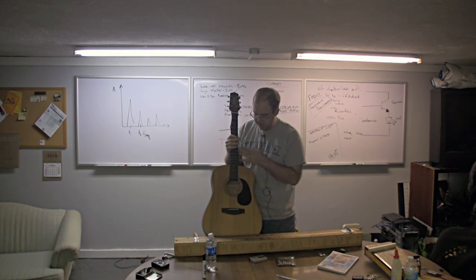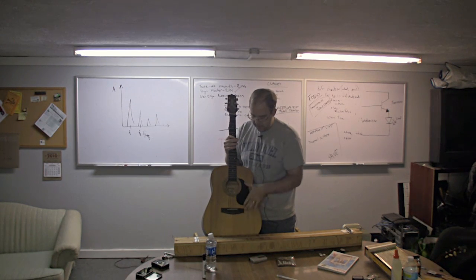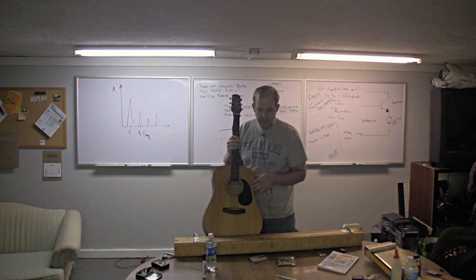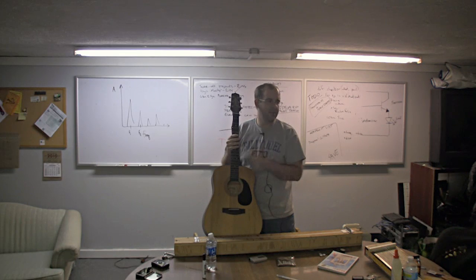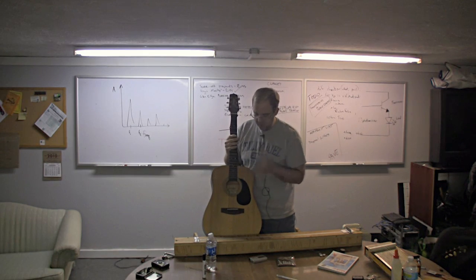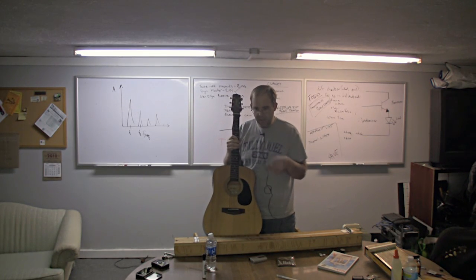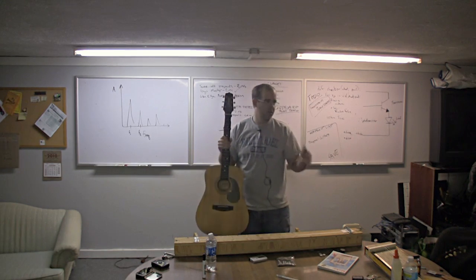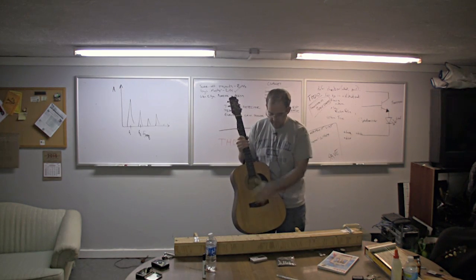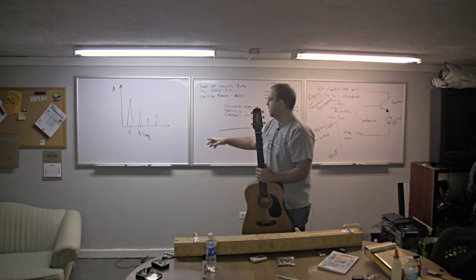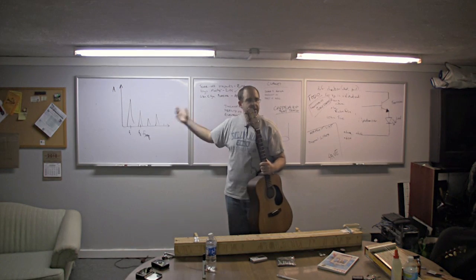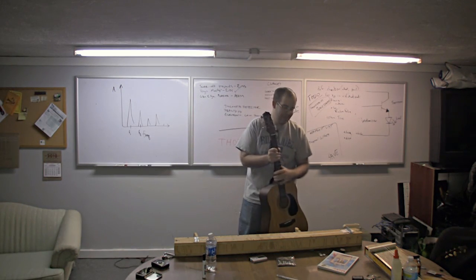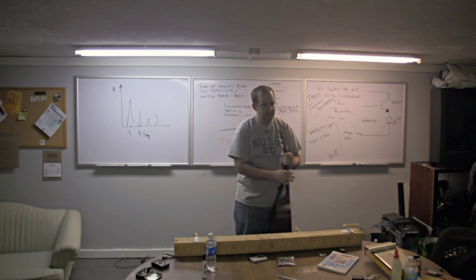Even though we are causing the string to resonate, we're causing the soundboard to vibrate at the frequencies that the string dictates. But of course, the resonant frequencies of the rest of the instrument act as a filter on top of the vibration of the strings, so they can also go into shape. It's not a strong effect, but it is an effect there.